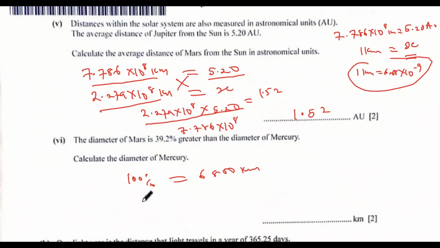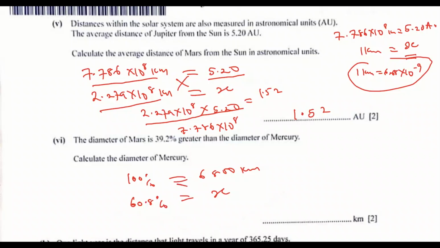Okay, so if the diameter of Mars is 39.2% greater than that of Mercury, we need to find the diameter of Mars when it is 39.2% smaller. So that will be 100% minus 39.2%, which is 60.8%, equal to x. This will be the value of the diameter of Mercury.